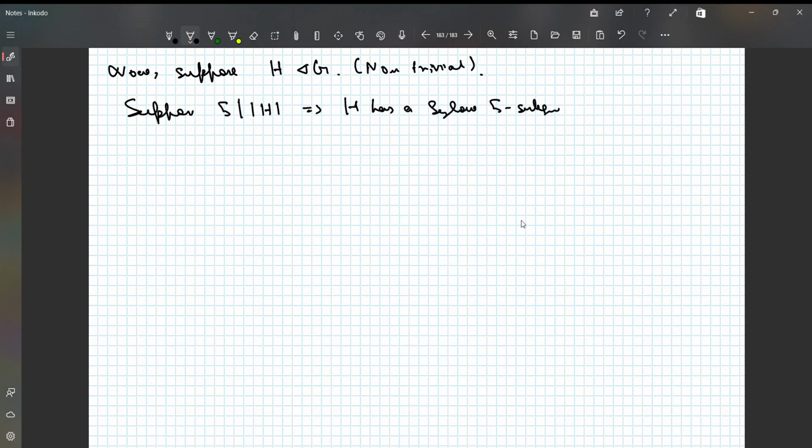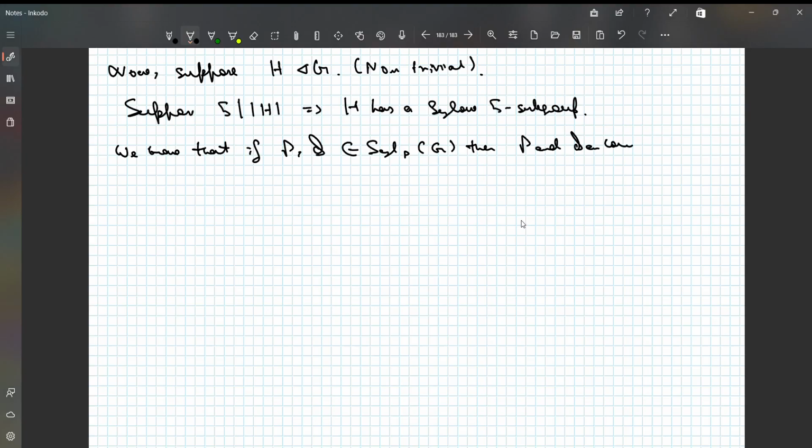Right. Now we know that Sylow P-subgroups are mutually conjugate, right? We know that if P and Q are Sylow P-subgroups in G, then P and Q are conjugates. We have assumed that the Sylow 5-subgroups are not unique.